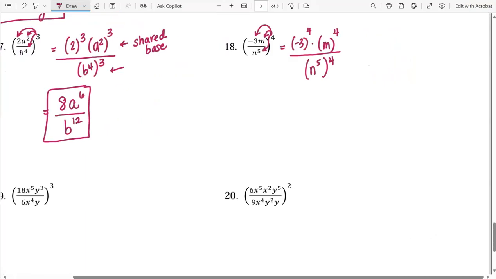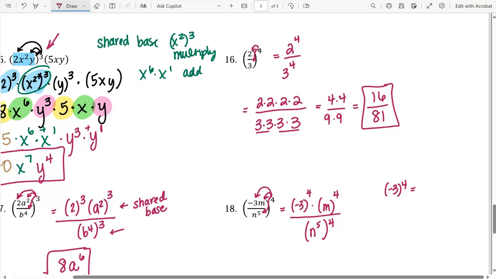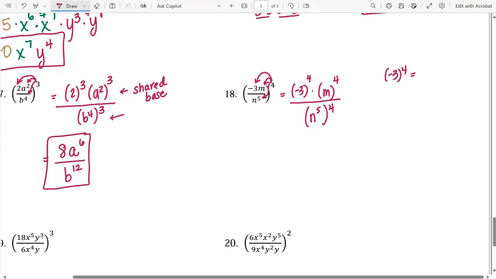This first one, -3 to the 4th, because that's all just numbers, I could multiply it together. In fact, I believe we saw that earlier. -3 to the 4th is 81. Notice, double negative turns positive, double negative turns positive. When I multiply these together, I still just get 81 in this first spot.